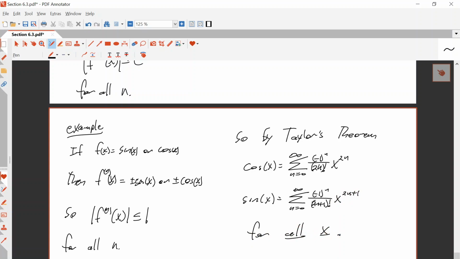Both sine x and cosine x are equal to their Maclaurin series for any x.